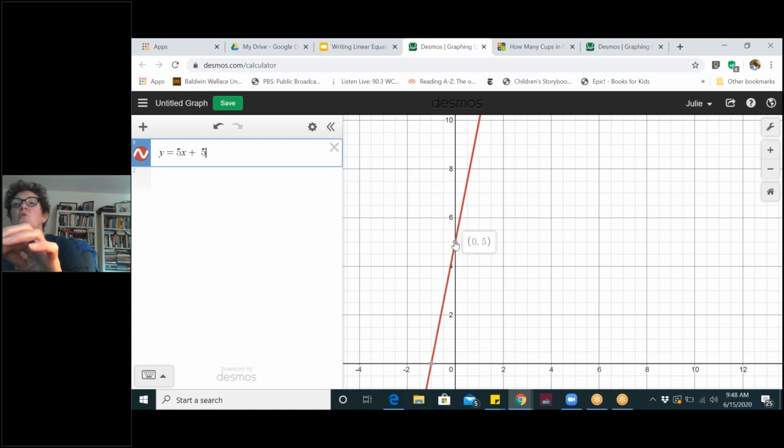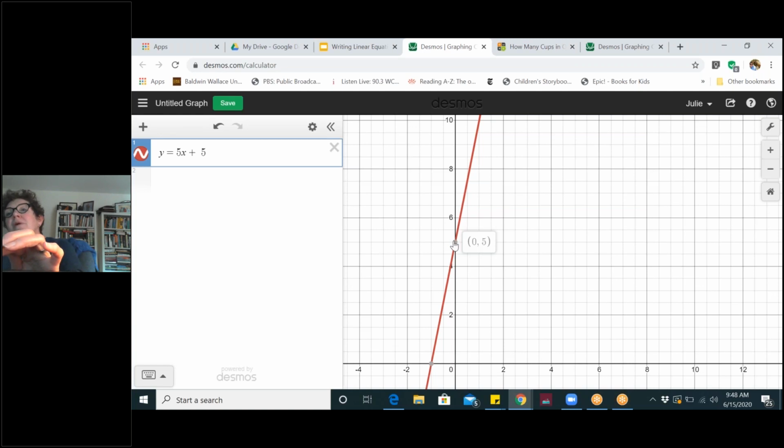Notice that's giving me the coordinates of that particular point. Let's see if I click here. It gives me the coordinates of that point. That's cool too. And notice how I told you that there is an x-intercept and a y-intercept. That's the point that this graph is telling me right here. It's highlighted because those are very critical points in a lot of cases. Here's the y-intercept. I know it's the y-intercept because x equals 0.